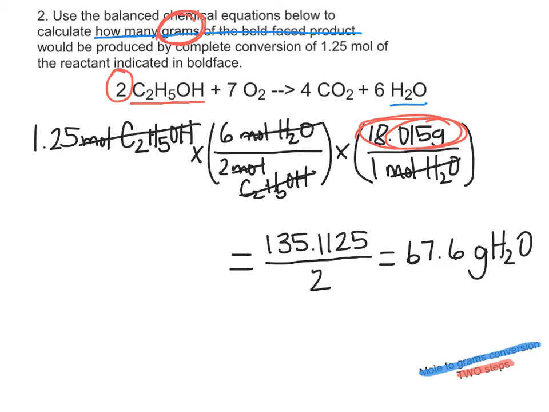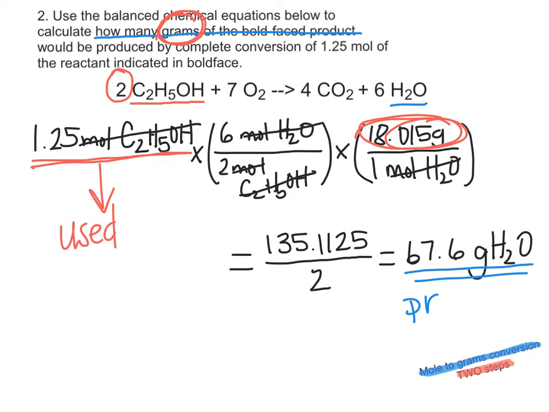Remember, whatever we're starting with, so in this case, we're starting with 1.25 moles of C2H5OH. This is what we used in our reaction, or this is what we used in our recipe. So using 1.25 moles, we were able to produce 67.6 grams of water.